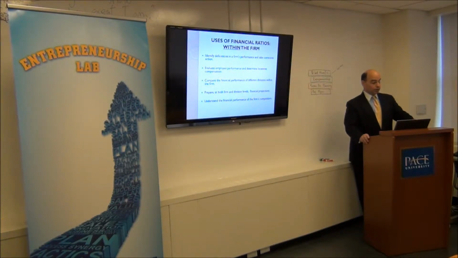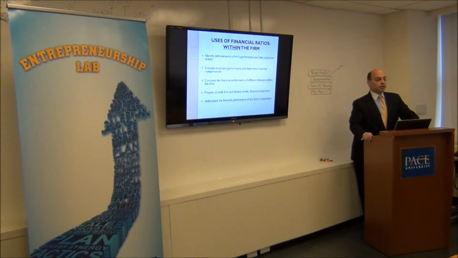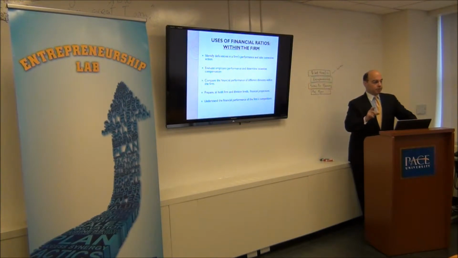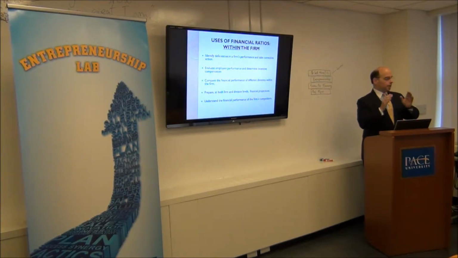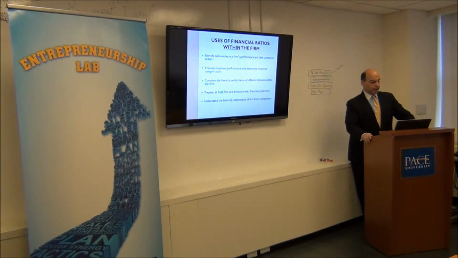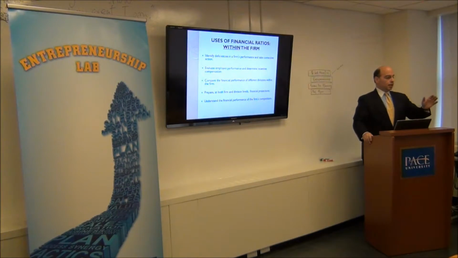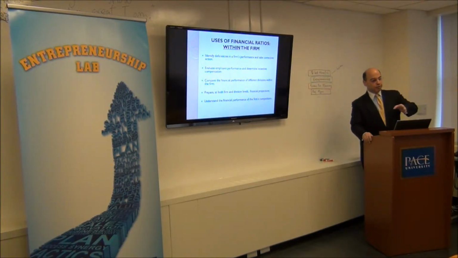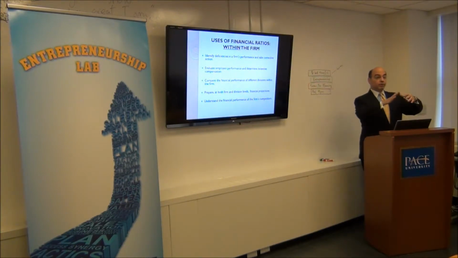The fourth bullet down: prepare at both firm and division levels, okay? So, if you have a business with multiple lines of business, say you're in the furniture department, in office furniture, and you have a couple lines of business producing chairs, and maybe another line of business where you just consult because you know that specialty, bringing on consulting for office layout.